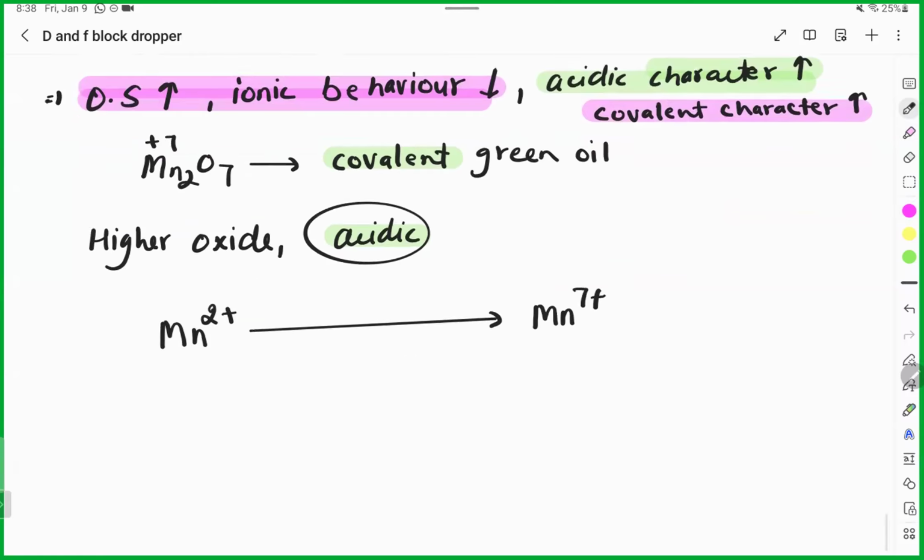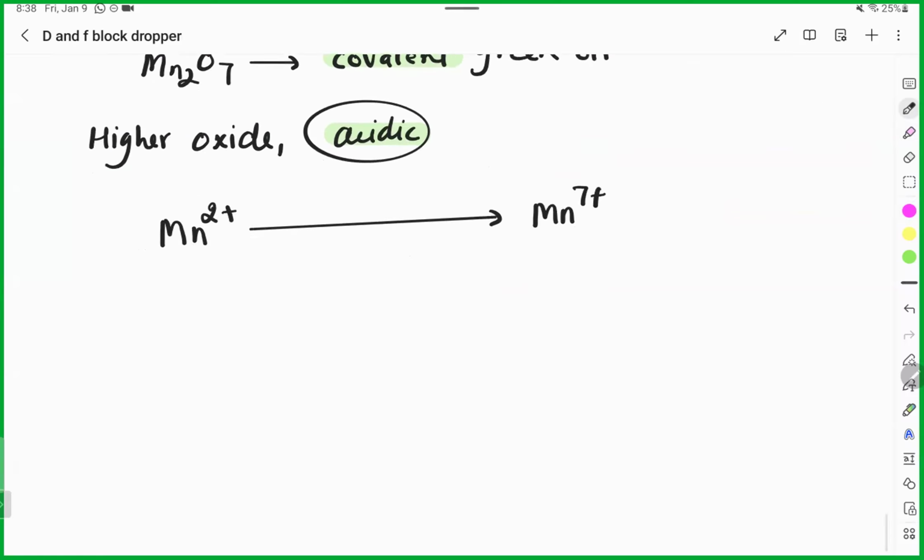Okay, I'll give you an example. NCERT has given this. If you take chromium oxide, here chromium is +2, it is basic in nature. But if you take Cr2O3, it is amphoteric in nature. Got it?